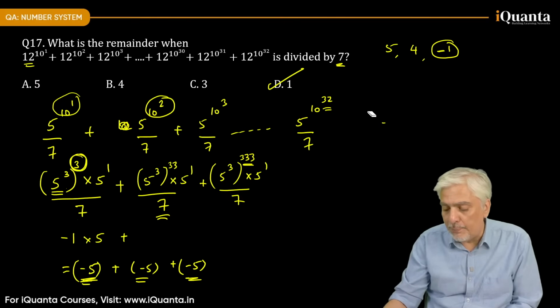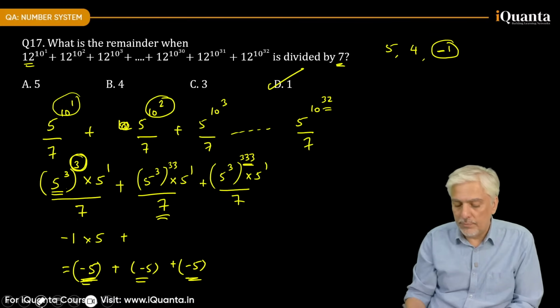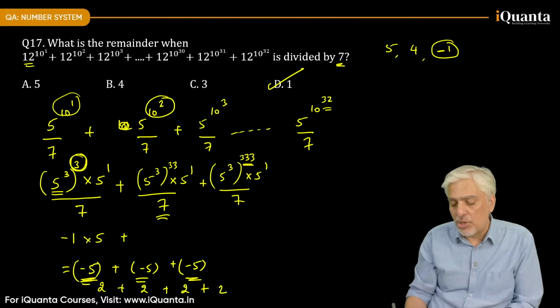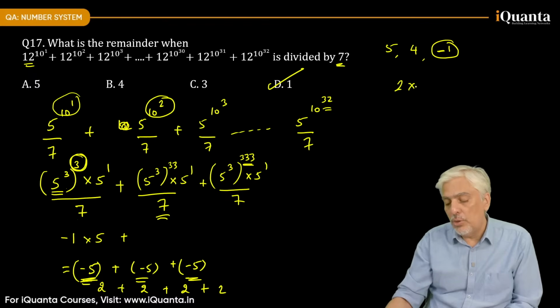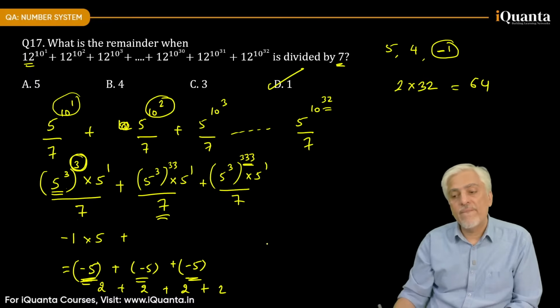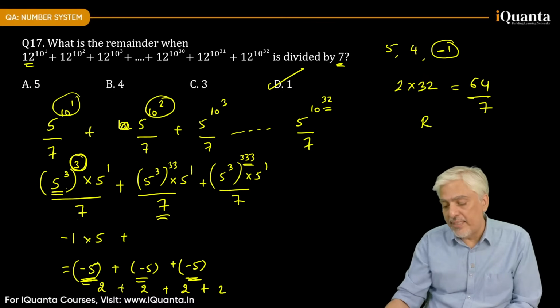All of them will become +2. -5 plus 7 is +2, +2, +2, 32 times. 2 into 32 is 64. Again 64 divided by 7, remainder is 1.